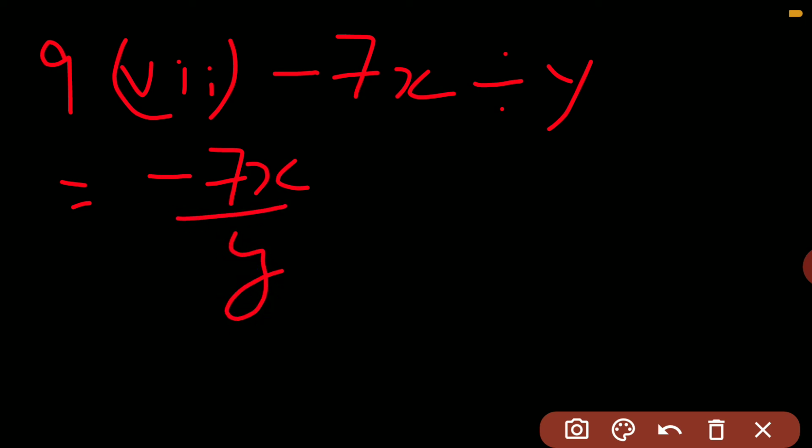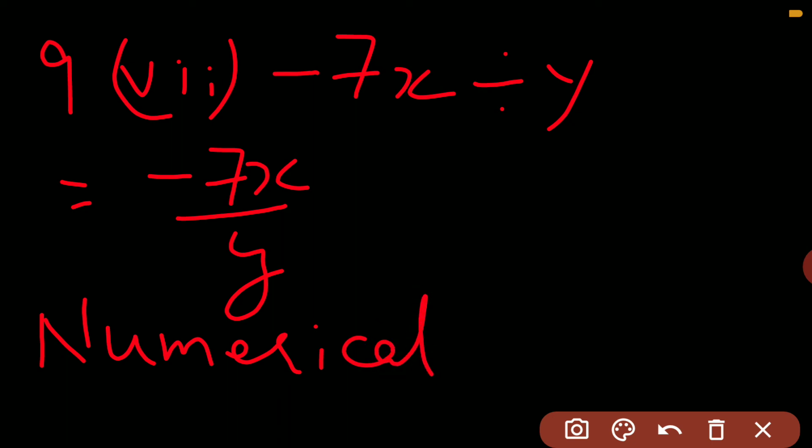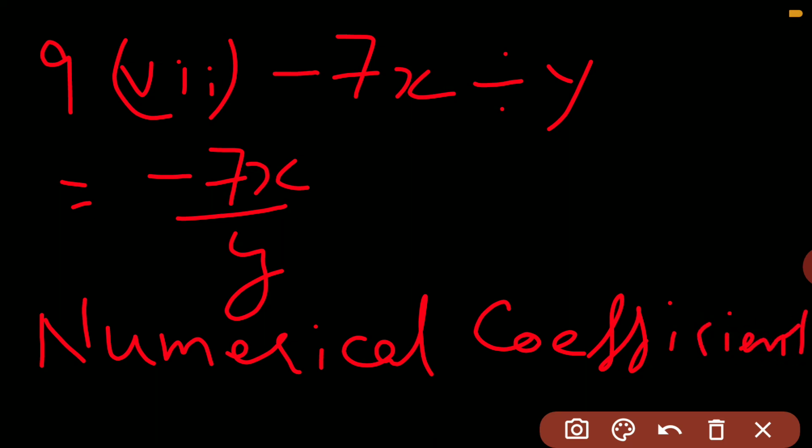So the numerical coefficient will be equal to only minus 7, or you can write minus 7 upon 1. It's the same thing. That's how we are supposed to do number 9.7.